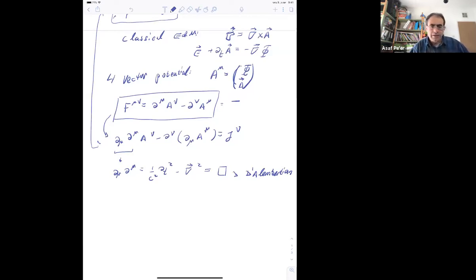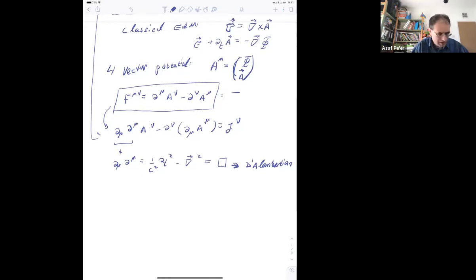This is the 4-dimensional Minkowski space analog to the Laplacian. So using this notation, we can write down this combined equation as the D'Alembertian of A nu minus d nu d mu A mu equals j nu.